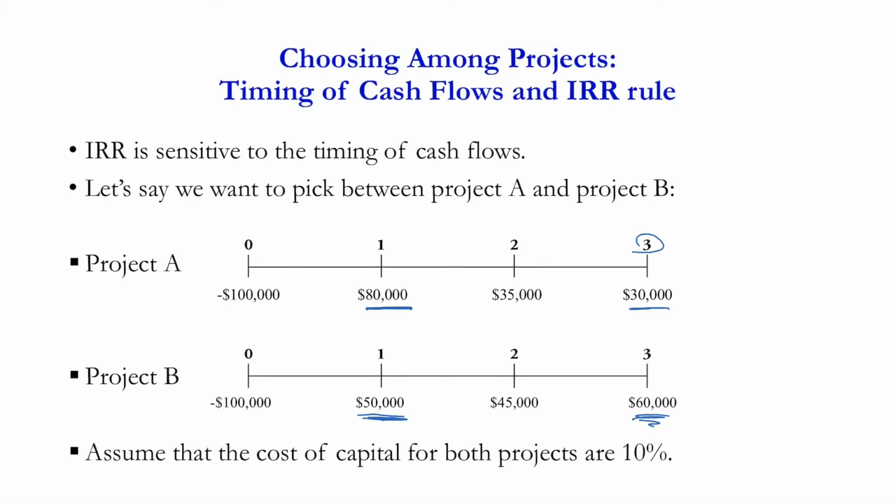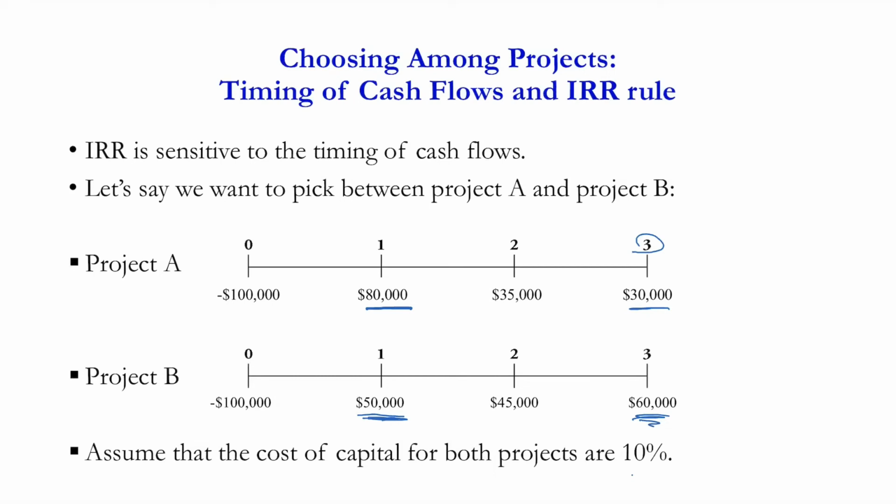Let's calculate NPV and IRR for these two projects, A and B, that are listed here. You can see their timeline. I'm going to calculate both their NPV and IRR, and compare the decisions by the NPV rule and the IRR rule.